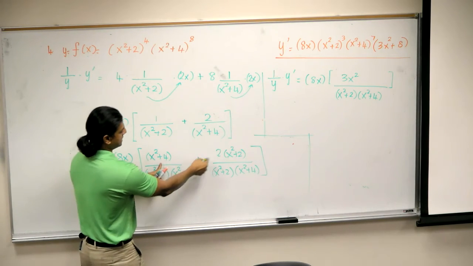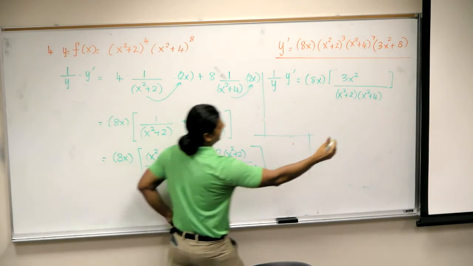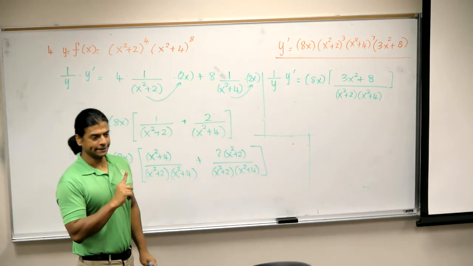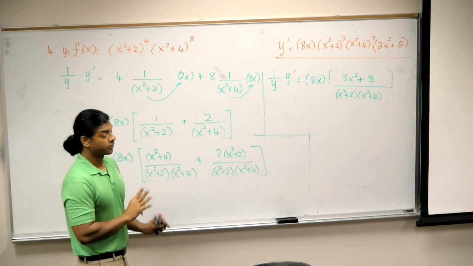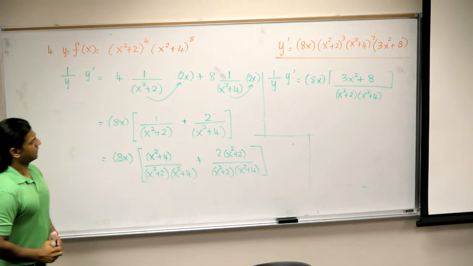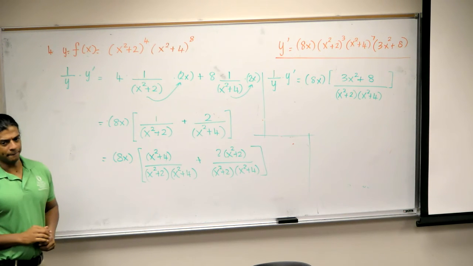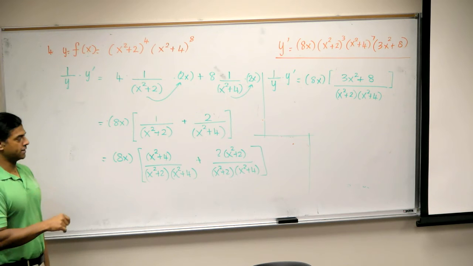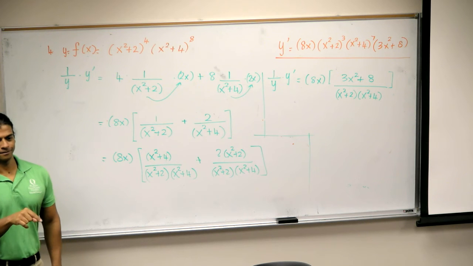4 plus 2 times 2, 4. So 4 plus 4, 8. Good. We're almost there. Should you stop at that step? No. We want to find the derivative of y. So how do we do that?